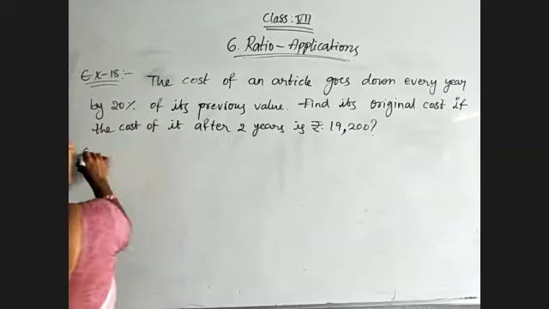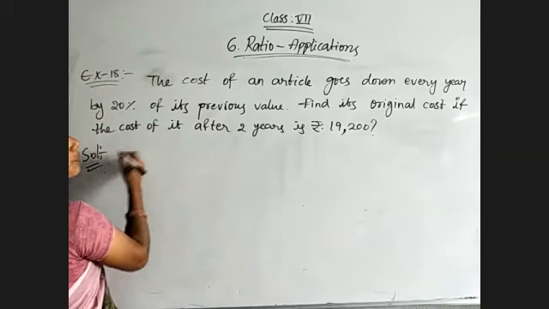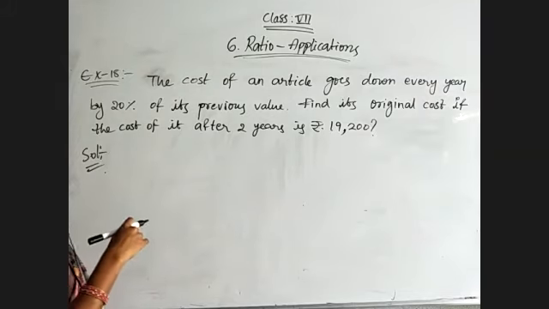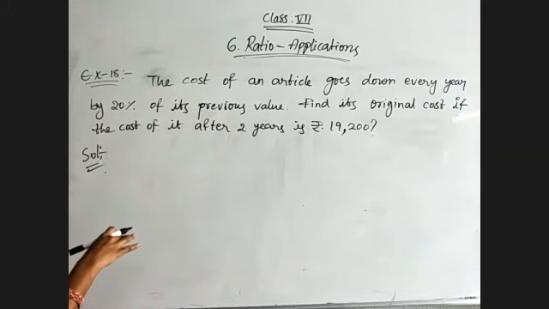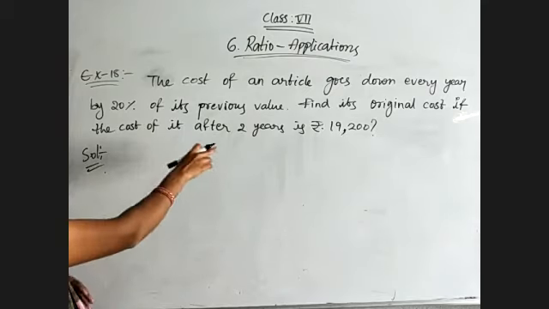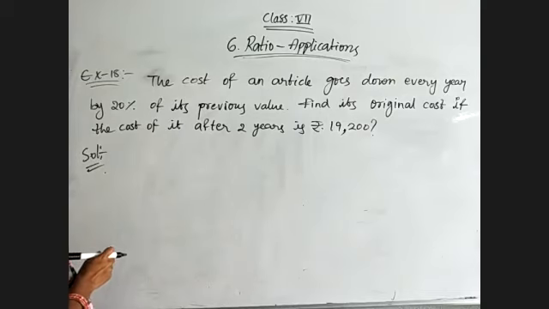Observe the given problem clearly. The cost of an article goes down every year by 20% of its previous year value. Then find its original cost if the cost of it after 2 years is 19,200 rupees.